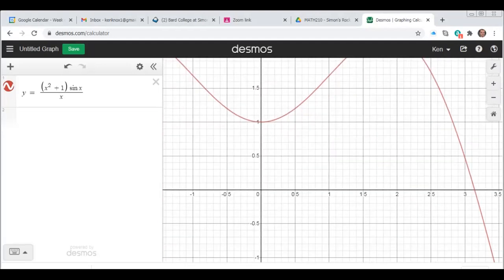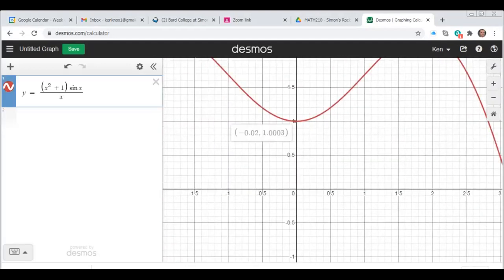You can see that as x goes to 0, those y values are closing in on 1. Even though the function is undefined at x equals 0, because you can't divide by 0, it's still true that the y values are approaching the number 1 as the x values approach 0.